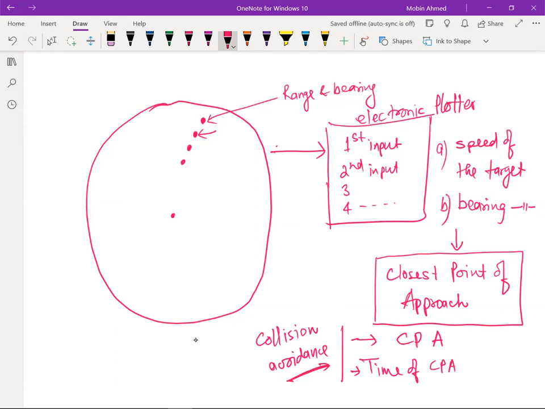And that's why it is necessary to have an electronic plotter. Okay, so if we give 3-4 inputs, thereafter it is going to determine the speed and bearing. It will calculate and it is going to give the CPA and time of the CPA. So this is the work of the plotter.